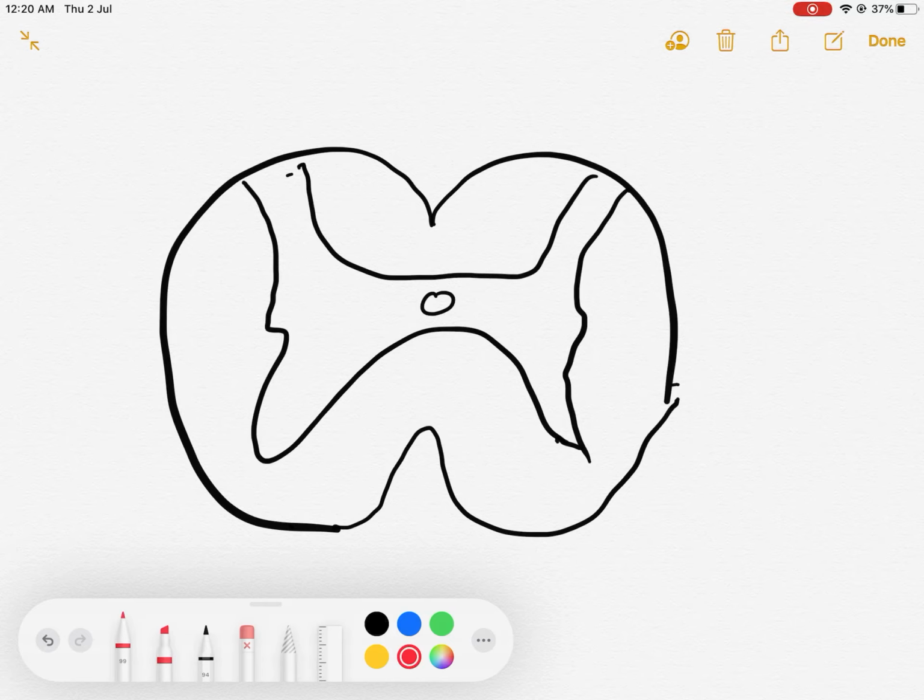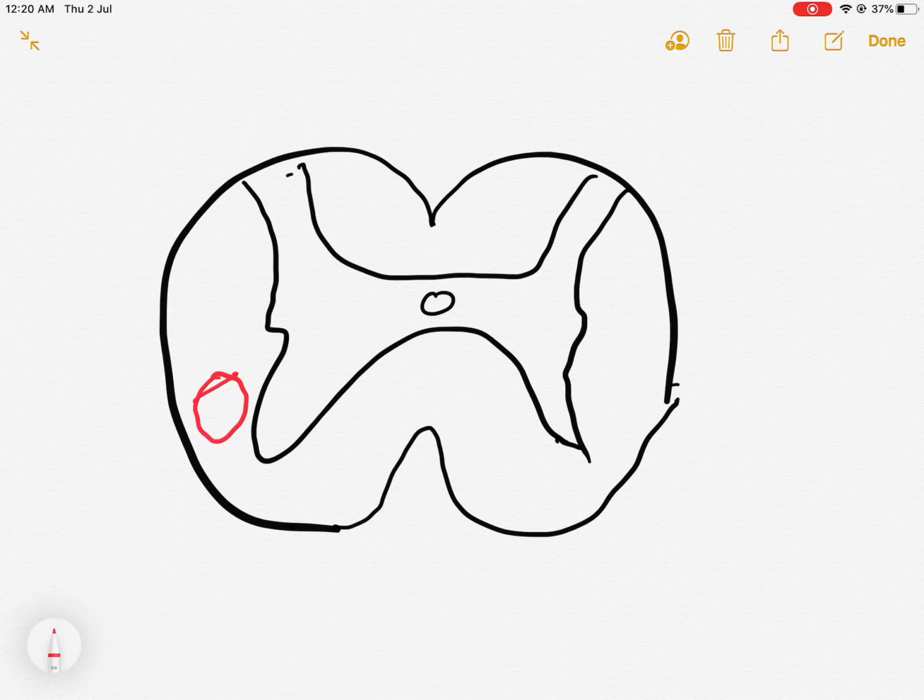The most important ascending tract which we need to remember is spinothalamic tract. Spinothalamic tract has two parts. One is anterior spinothalamic tract and one is lateral spinothalamic tract. So lateral spinothalamic tract is located here. Okay, this I'll label as lateral spinothalamic.